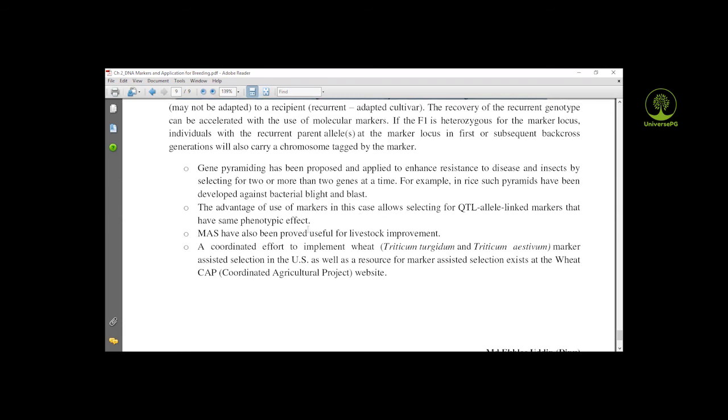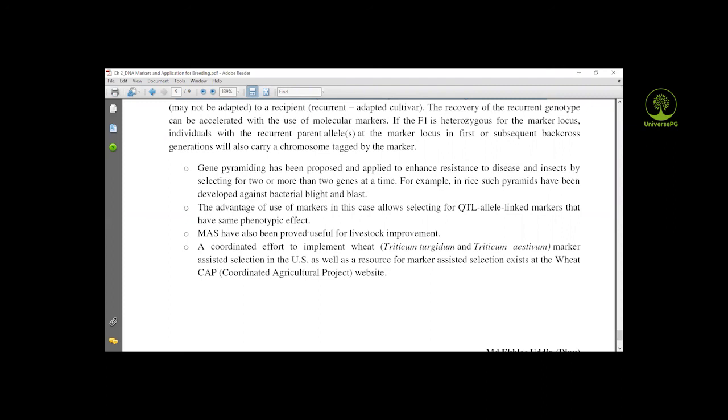So see the specific uses of marker aided selection. First, gene pyramiding has been proposed and applied to enhance resistance to disease and insects by selecting for 2 or more genes at a time.